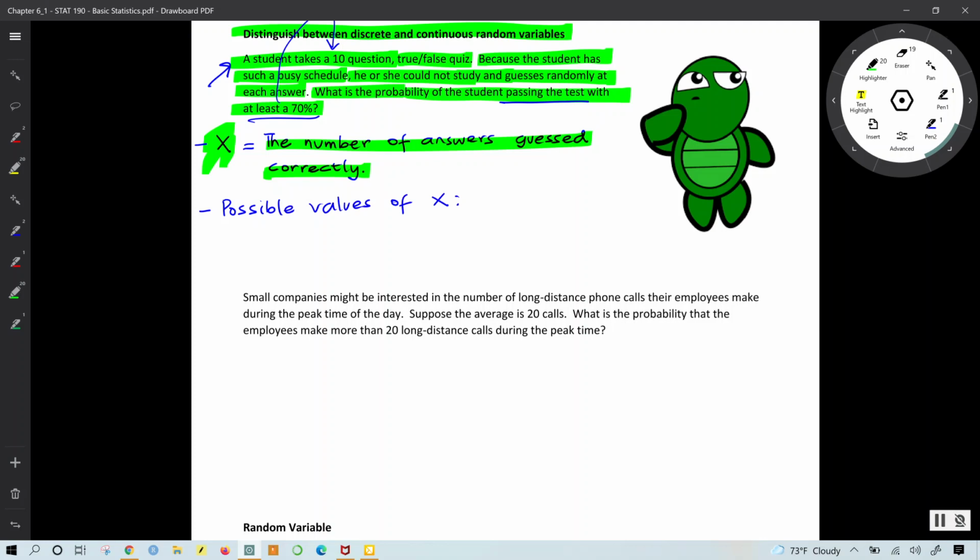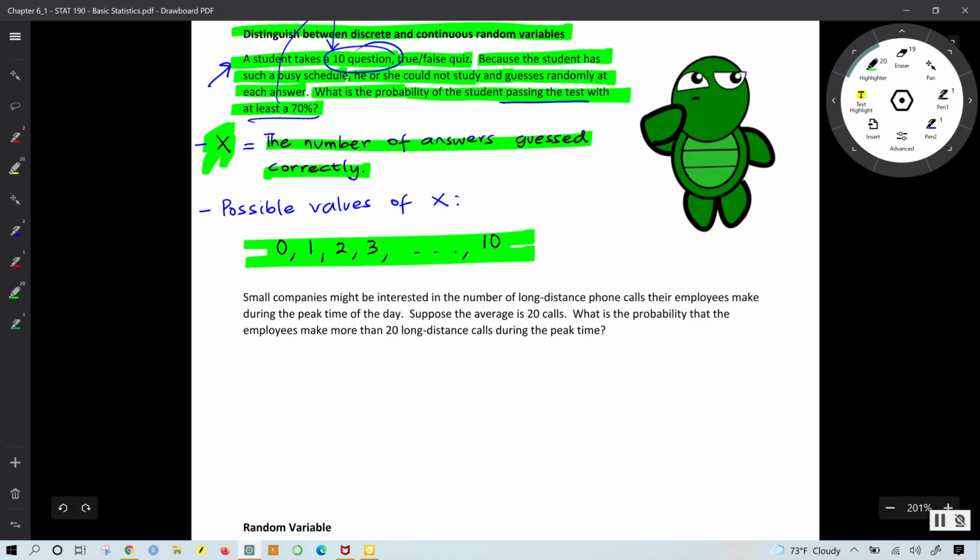In the worst case scenario, it could be 0 out of all 10 questions. It could be 1, 2, 3, and as you might guess, in the best case scenario, it could be 10. Notice something. The possible values of x here are all integer values, and any of these values are all possibilities in this scenario for this student.